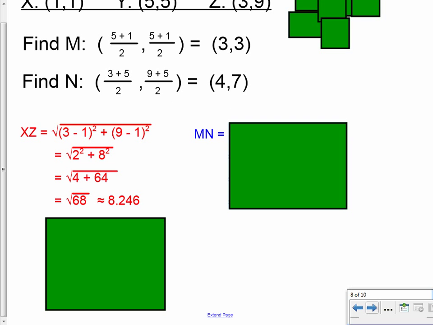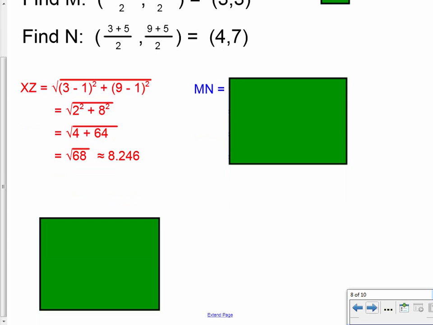So we have the square root of everything underneath it, 4 plus 64. So that becomes the square root of 68, which is approximately 8.246. And another thing that we can add on here, the square root of 68: you can break your square roots up into square roots multiplied by each other. Square root of 68 actually equals square root of 4 times the square root of 17.